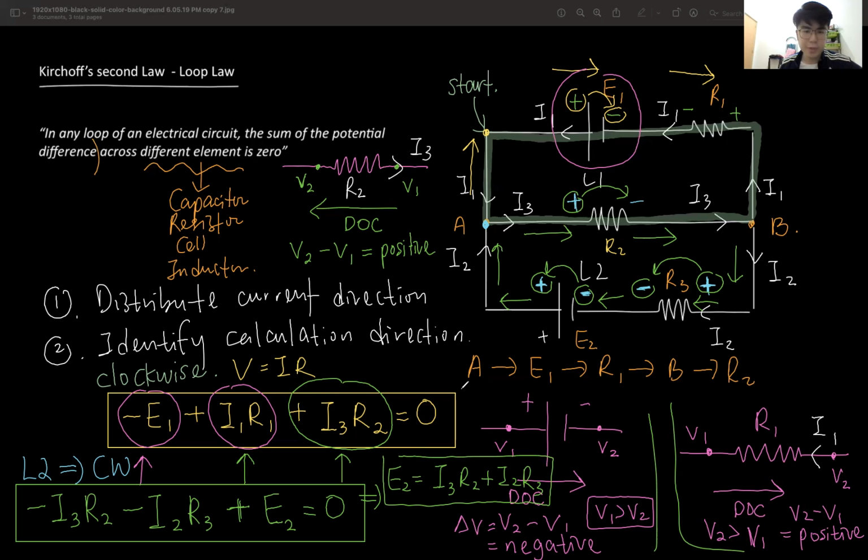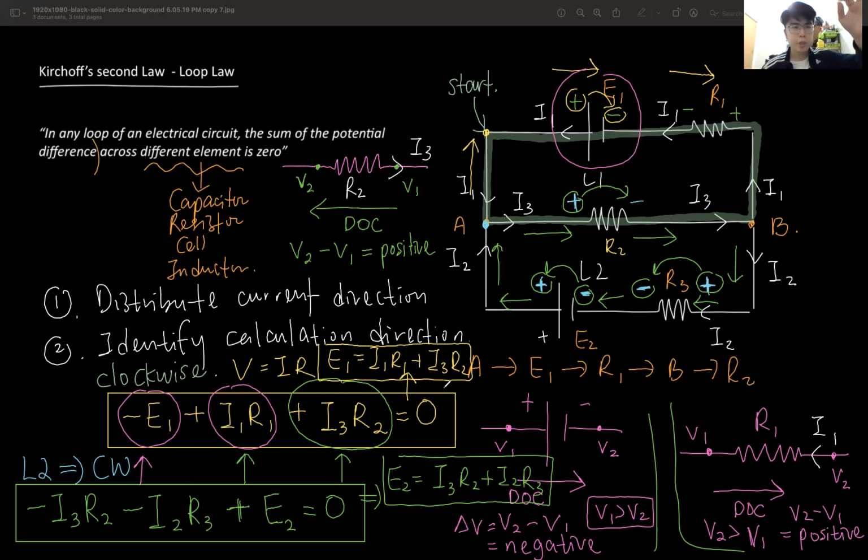Okay. Same for the first one. I can also simplify the first one. This one I can write it as E1 equals to I1, R1 plus I3, R2. Here.